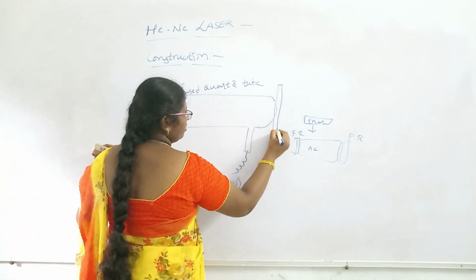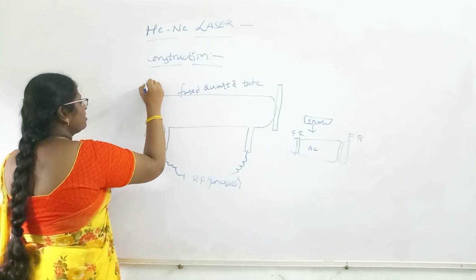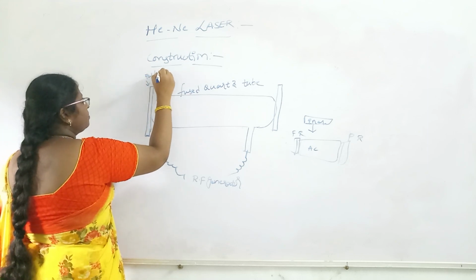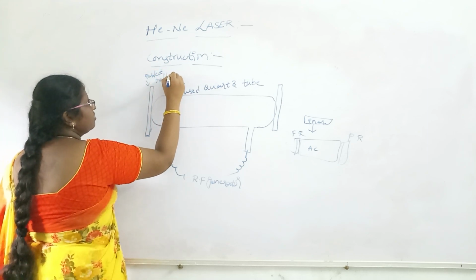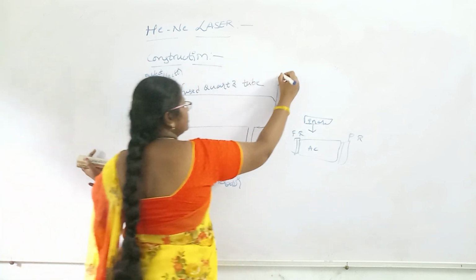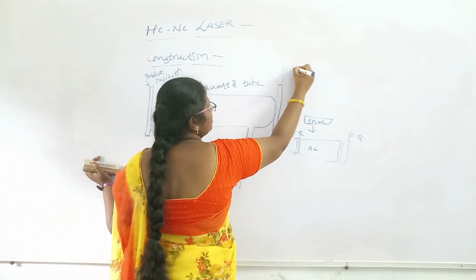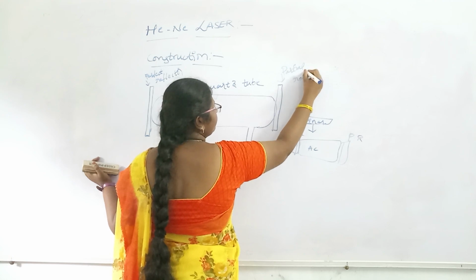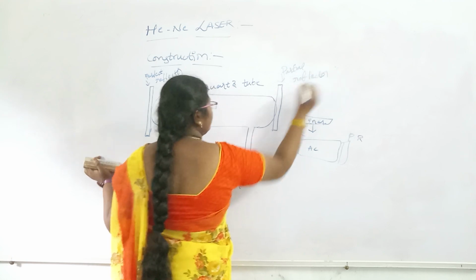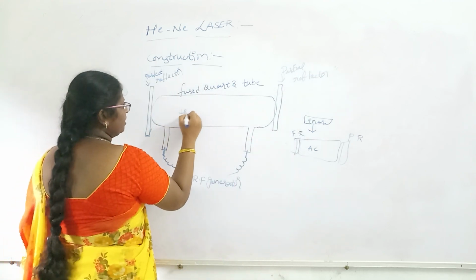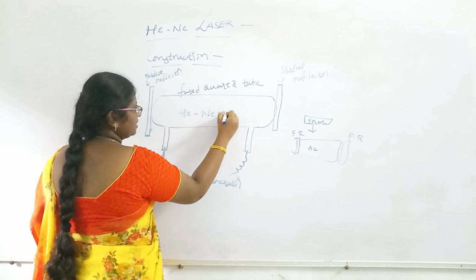At these two ends are the reflecting plates. This is a perfect reflector, and this is the partial reflector. In the quartz tube, we fill a helium neon mixture.